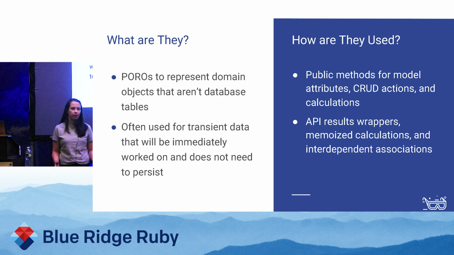So as I've alluded, a really common use case for these is API results. I've also used this to memoize calculations where there's a lot of interdependencies. I was working on a finance app where we were doing some financial projections, and certain line items needed to refer to each other both ahead and behind.